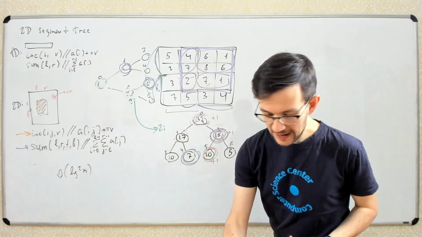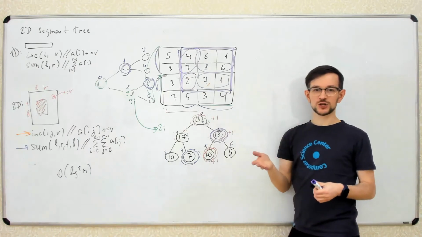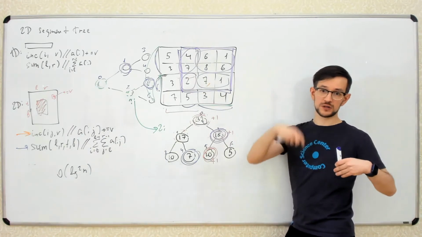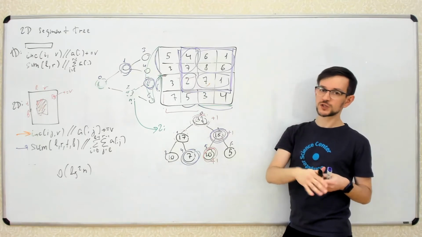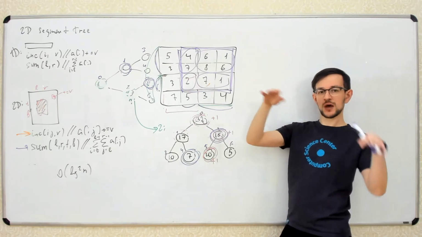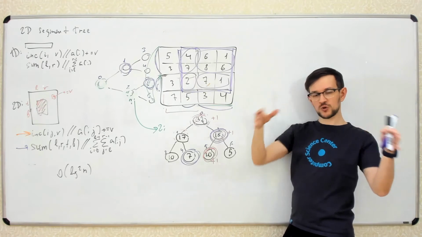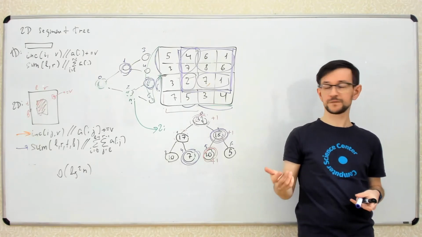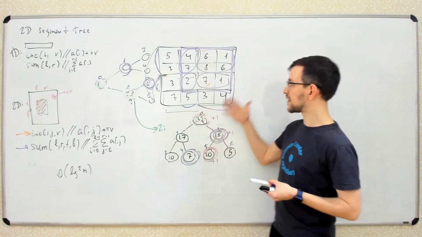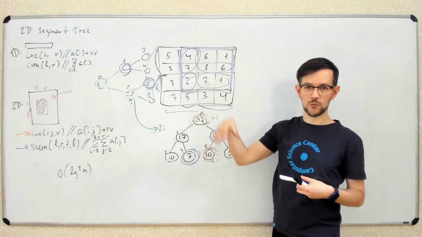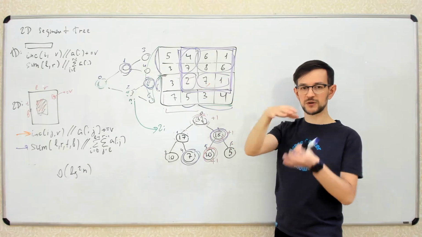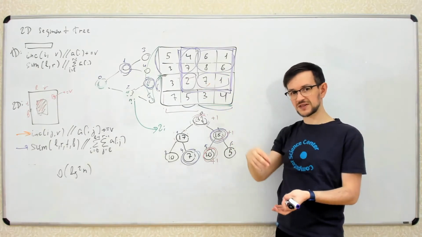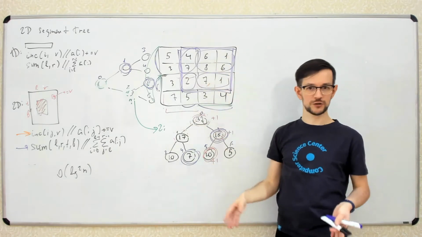And you can add more dimensions to your data structure using this. This is a common technique to add more layers to your data structure, just a layering technique. You have the first layer of the data structure, and in each node you have the second layer. For example, if you need three-dimensional arrays, then you can add another segment tree on top of this, a segment tree by z coordinate, and in each node of this segment tree by z coordinate, you have this whole two-dimensional data structure.